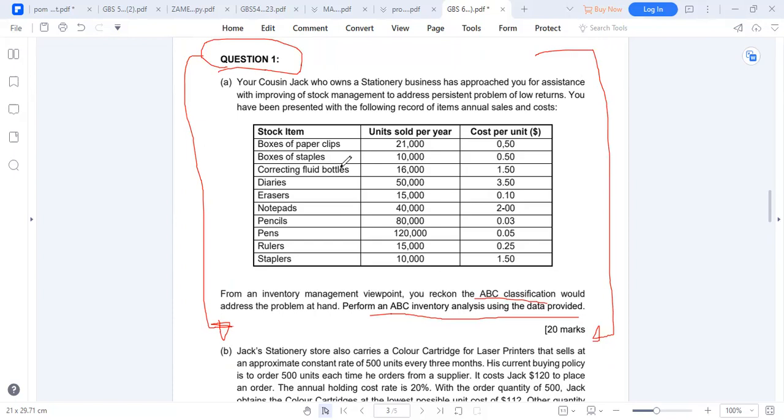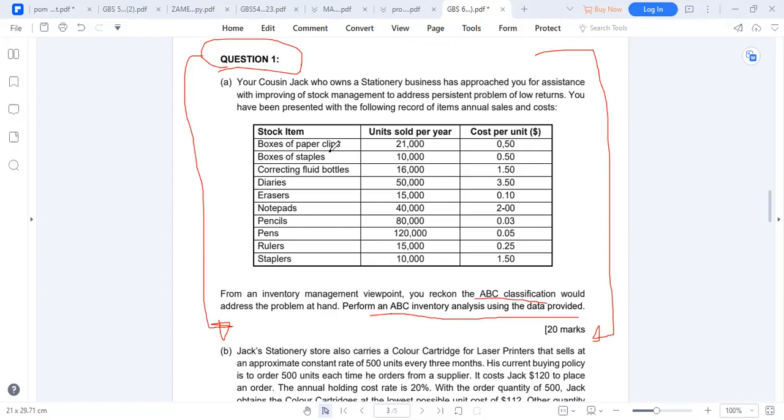So getting down to each of these values that we have, we can see that for the box of paper clips, we have 21,000 units. Of course, we also need to know that the cost was 0.5.